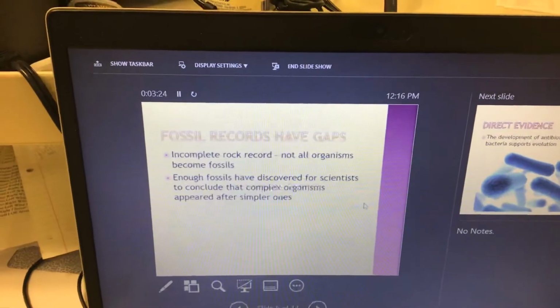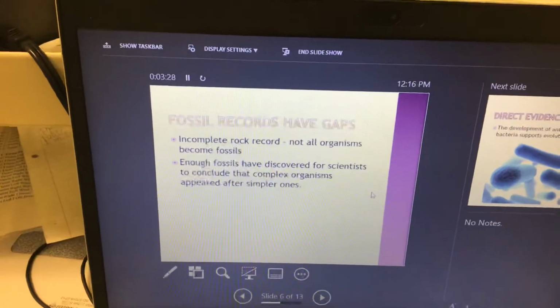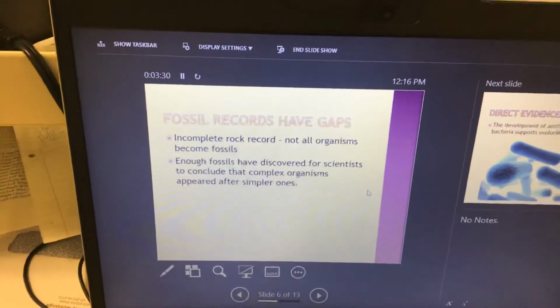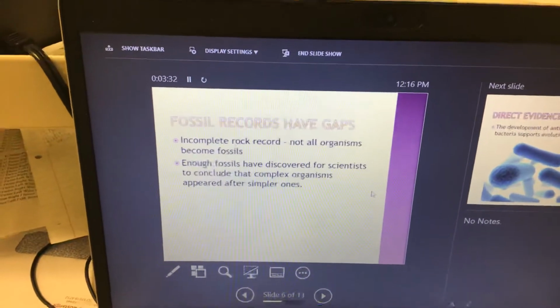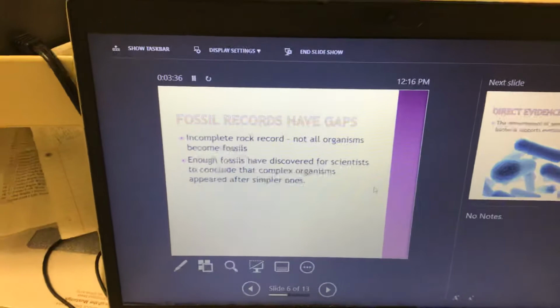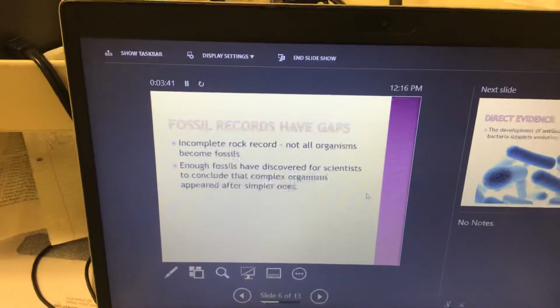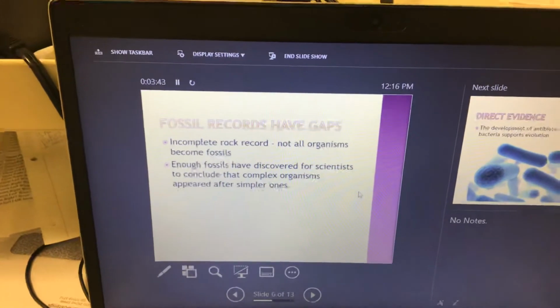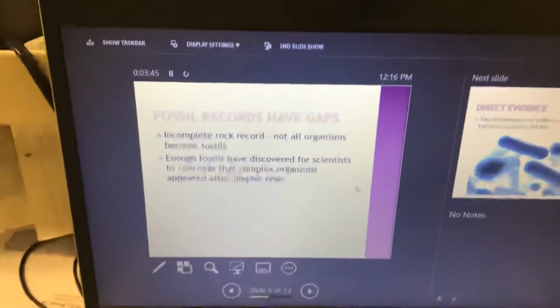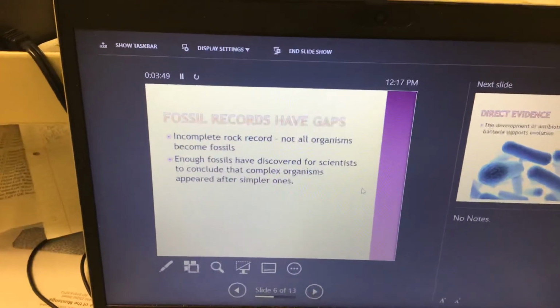Won't worry too much about that. You don't need to write anything, but fossil records have gaps. Our fossil record is incomplete. Not all organisms become fossils. Actually, the situation has to be almost perfect to make a fossil. If you've got a raccoon dead in the ditch or on the road, it's probably not going to turn into a fossil.